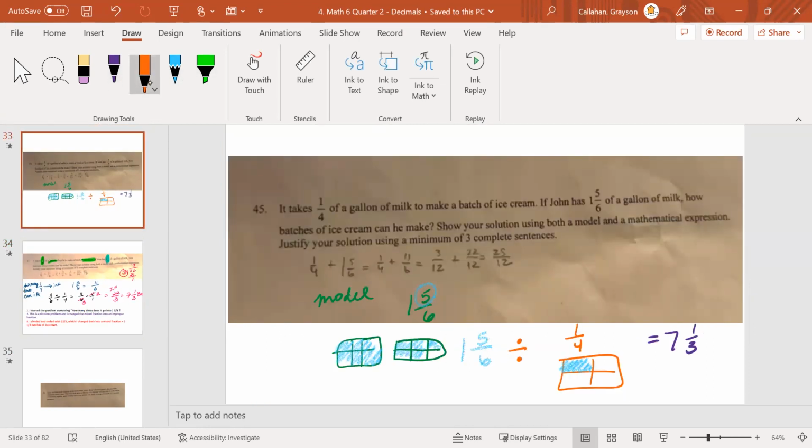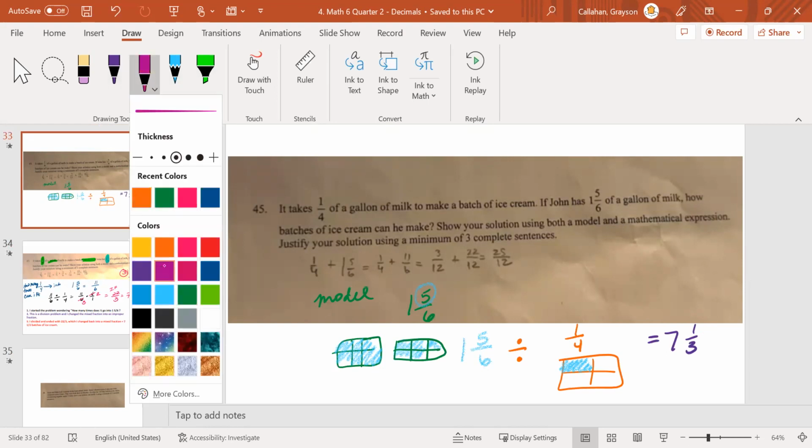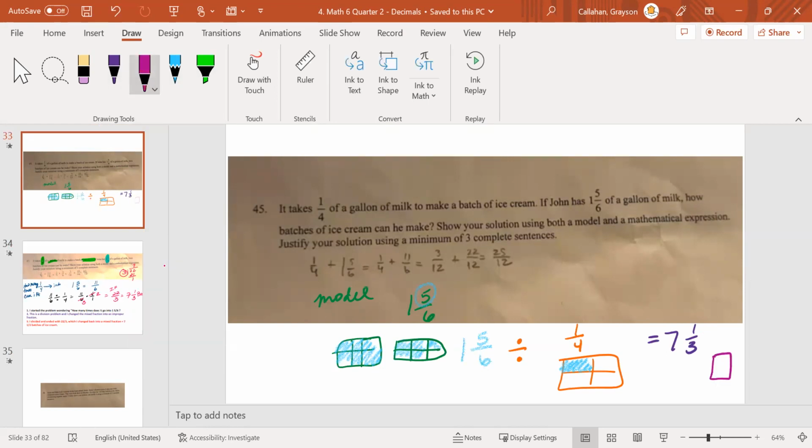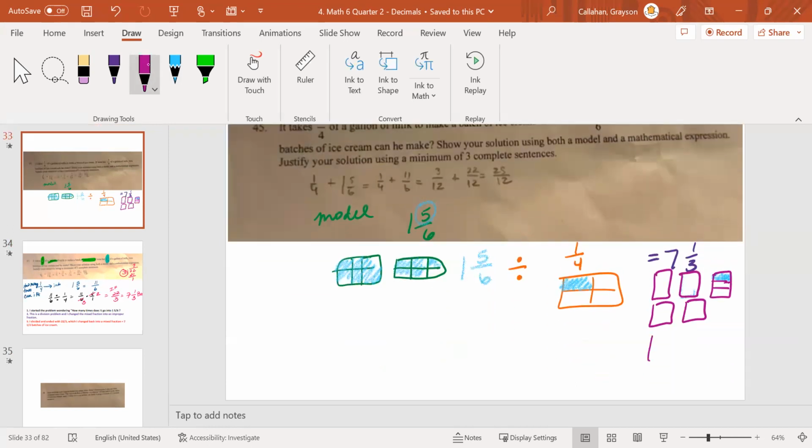So if I were to have to show that, I would put 1/3 like that, right? 1 will be like right here, but then you also have to have 7 of these. 2, 3, 4, 5, 6, 7. So then just color these individually. Do you see that? Okay.